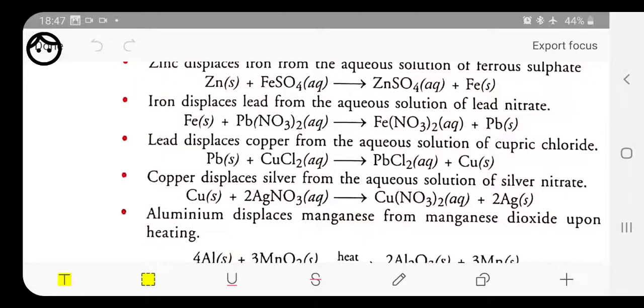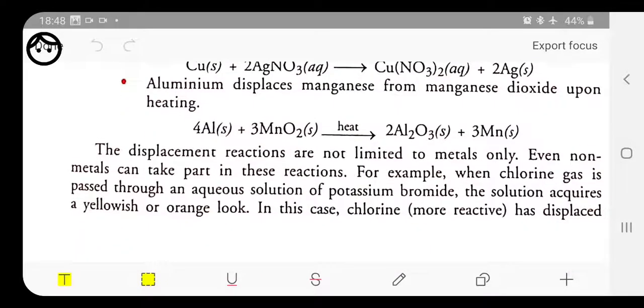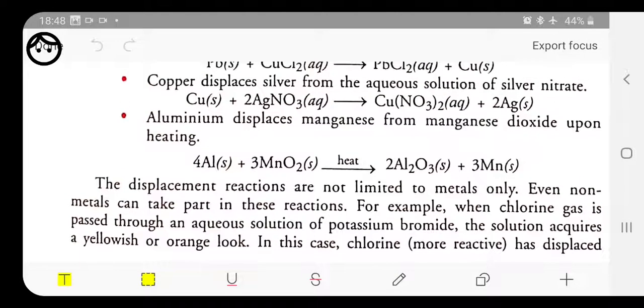Copper is more reactive than silver, thus copper has the ability to displace silver, but silver cannot displace copper because silver is least reactive. So in this reaction, copper is going to displace silver from its compound, and then formation of copper nitrate plus silver takes place. So these are the various examples of the displacement reaction.